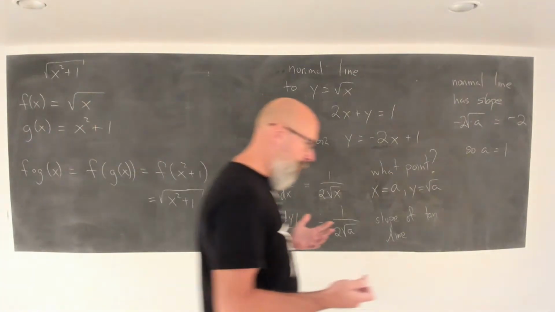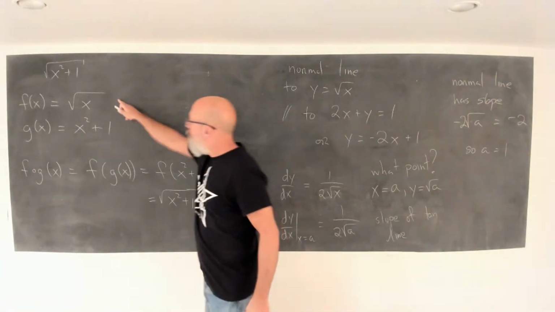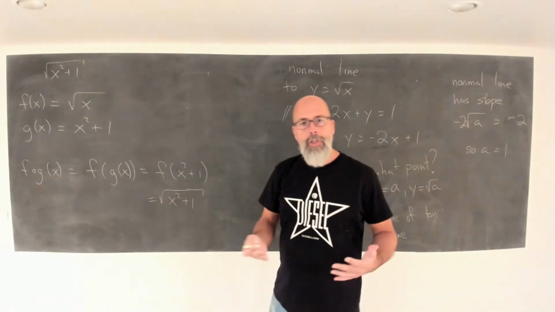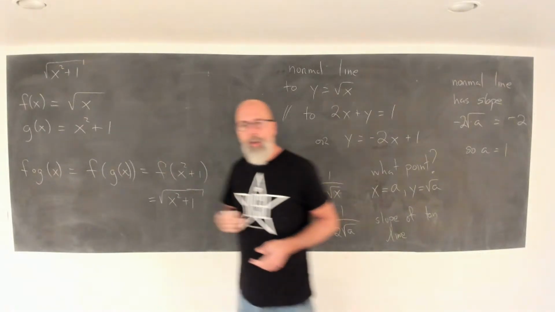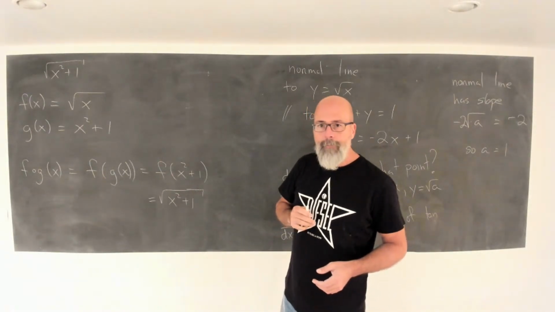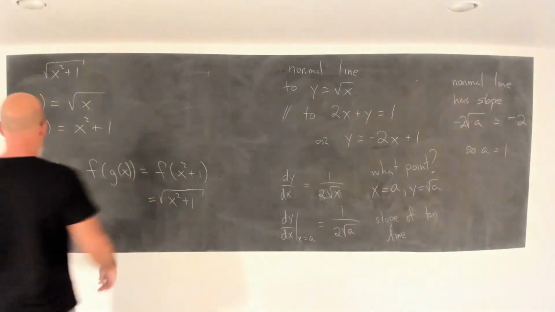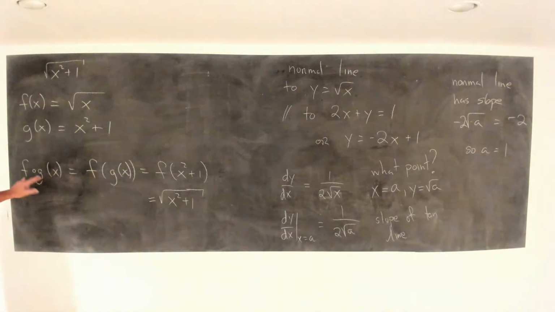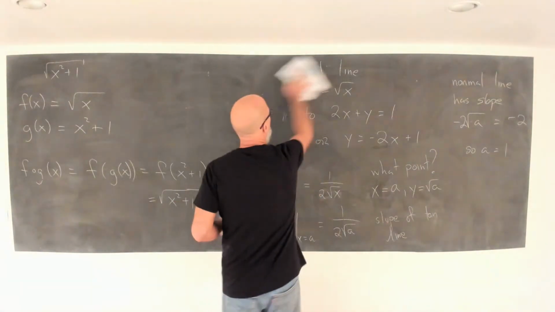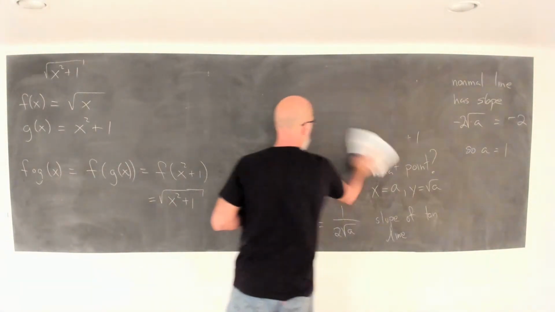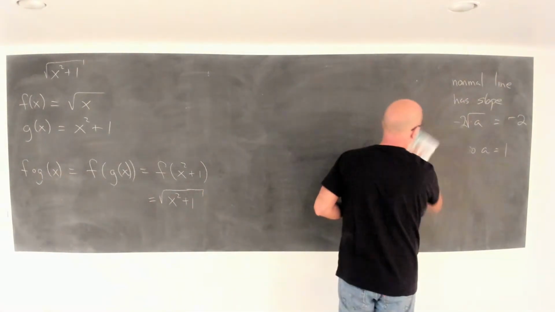The original function is a composition of these two simpler functions, whose derivatives you're very well accustomed to. So now the question is, what is the derivative of a composition? And the answer, as people have suggested, comes to us via the chain rule.